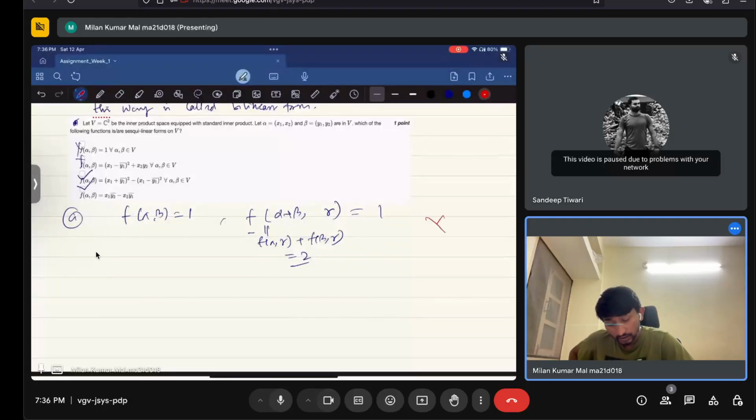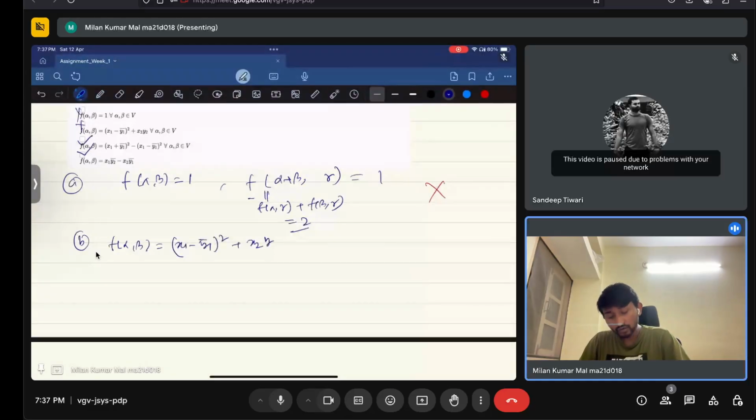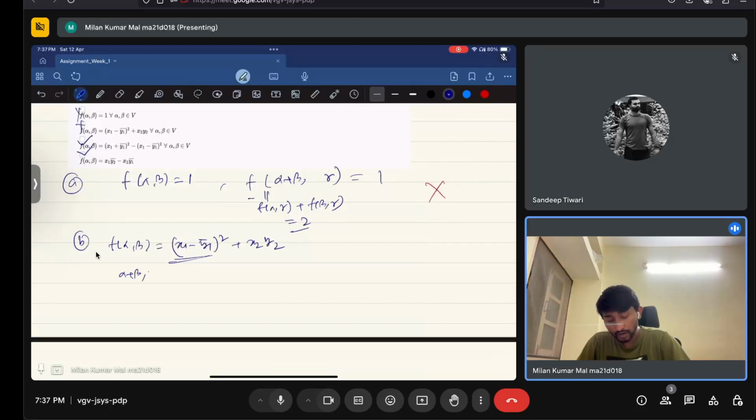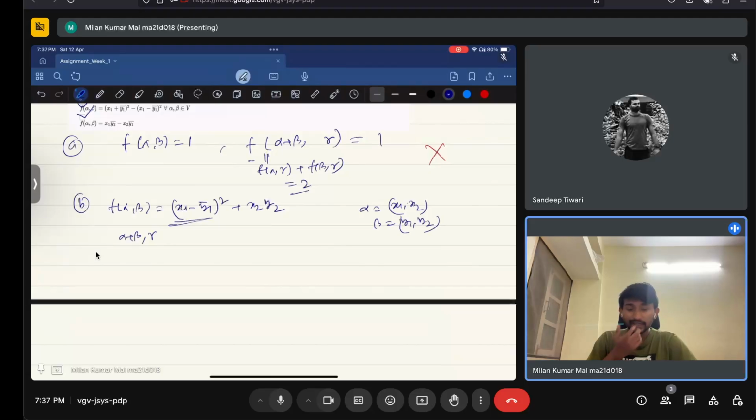Now the second one, f of alpha beta is equal to x1 minus y1 bar, whole square, plus x2 y2. You know there is the square, so that will violate. Let's even check. Then if alpha plus beta comma gamma, where alpha is equal to x1 x2, beta is equal to y1 y2, or even one can take C also.